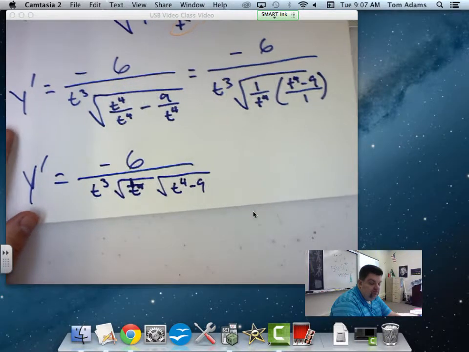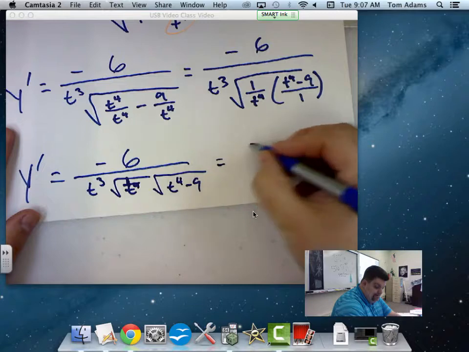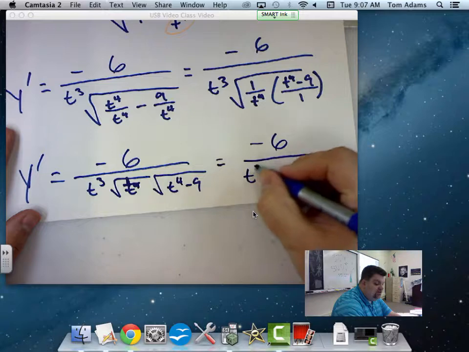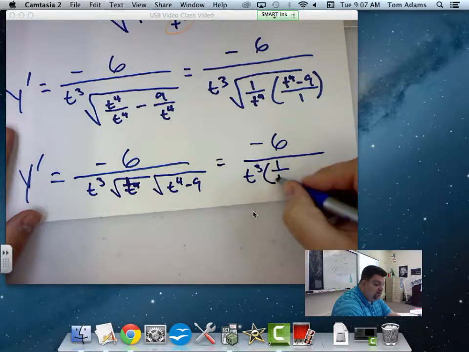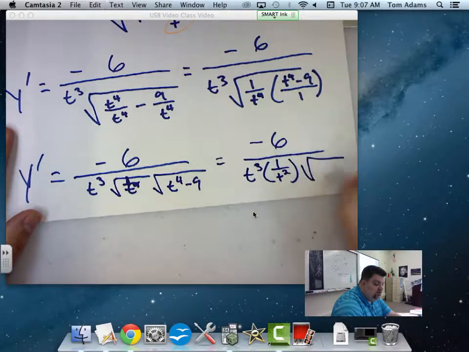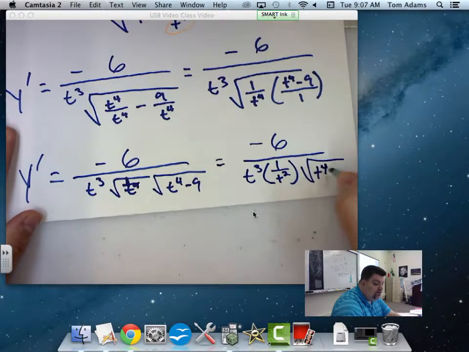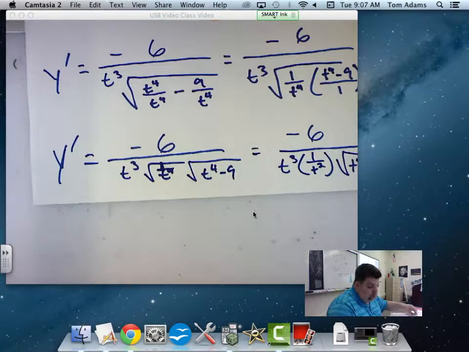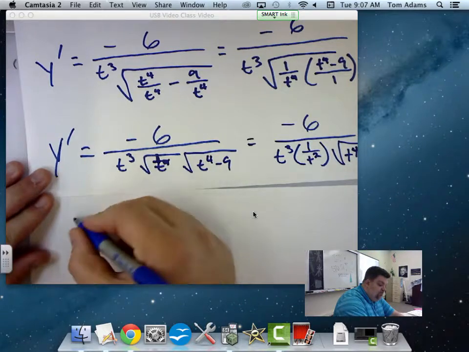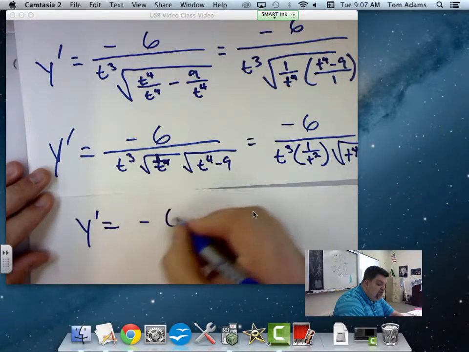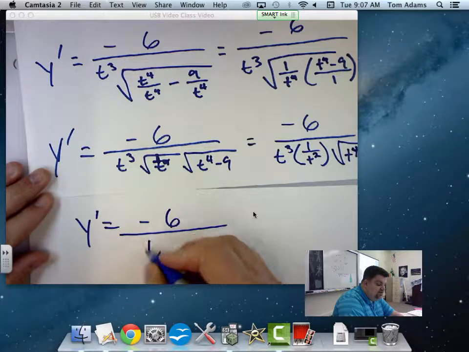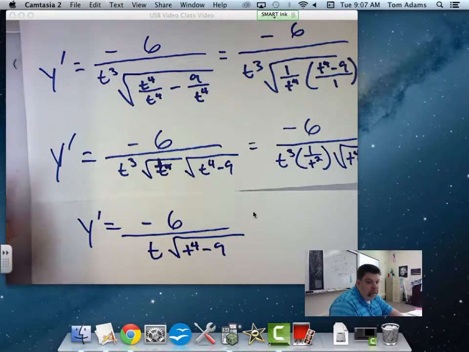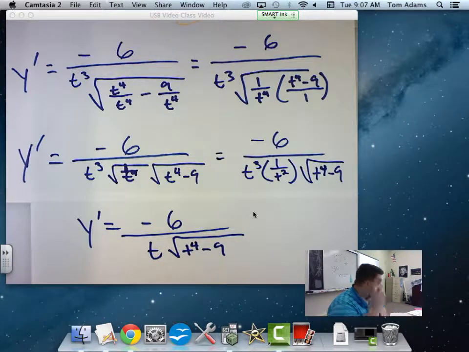And then you can take the square root of the 1 over t to the 4th, which would be, when I pull that out, t to the 3rd times 1 over t squared, times the square root of t to the 4th minus 9. And then, because it's on the bottom, you subtract the 2 from the 3. So then your final answer, and this is the answer they had in the back of the book, was negative 6t over the square root of t to the 4th minus 9. Does that make sense? Yeah.